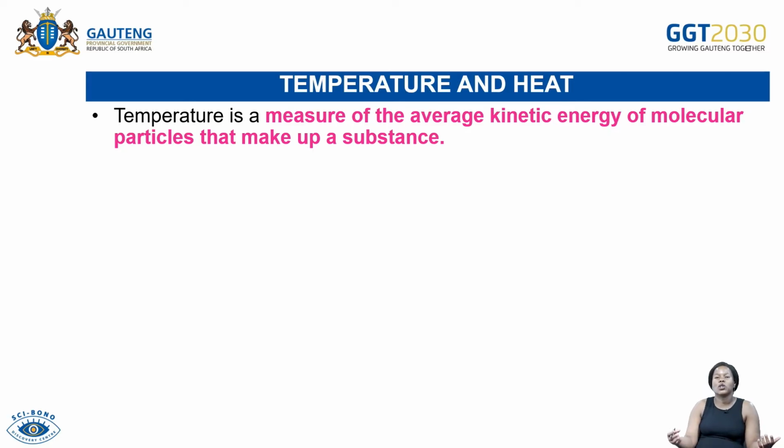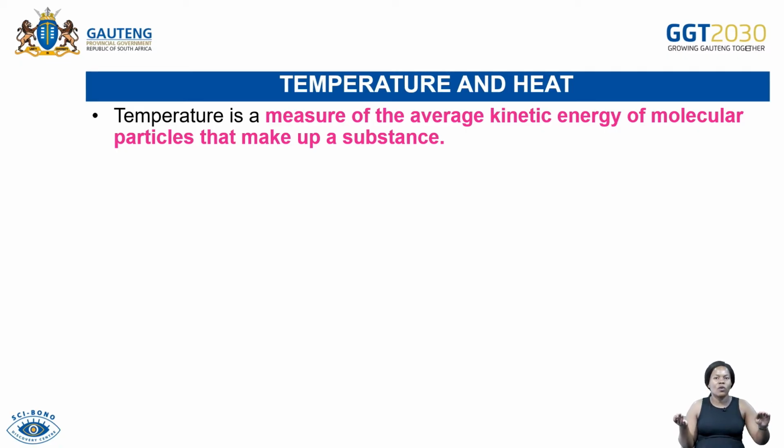If you put it in the fridge, it will have a lower temperature. If you put it on top of the stove and you put it on 6, the highest temperature that there is, then it's going to have a higher temperature. So in these two instances, on top of the stove and in the fridge, these are going to have a different average kinetic energy.